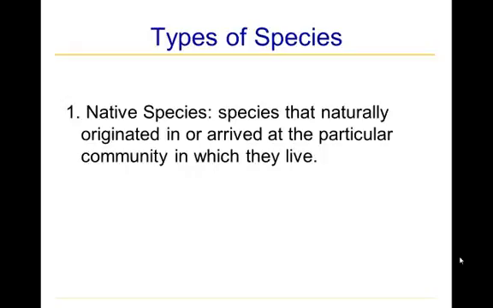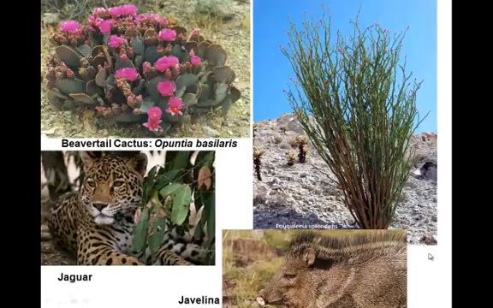If we talk about some native species here in the Southwest: beaver-tailed cactus, the jaguar or El Tigre. Jaguars were found as far north as the Grand Canyon, as far west as Palm Springs, when Europeans first arrived. Their range has contracted as a result of hunting by humans.